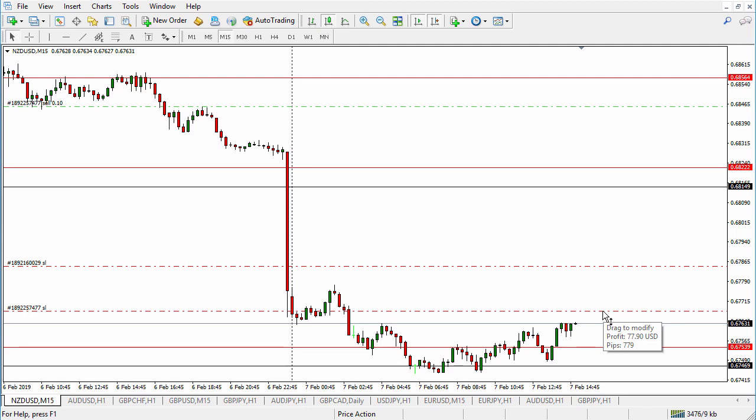Now, I'm also going to go ahead and move the trailing stop for the short price reversal trading position, which I earlier took on the NZD-USD, to the same price level where the trailing stop which I placed for the short price breakout trade on the same currency pair is currently located at as well.